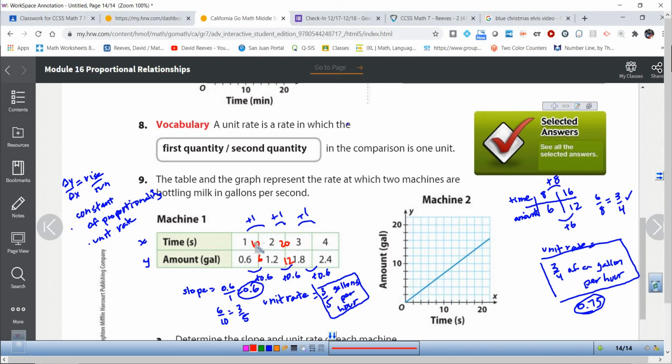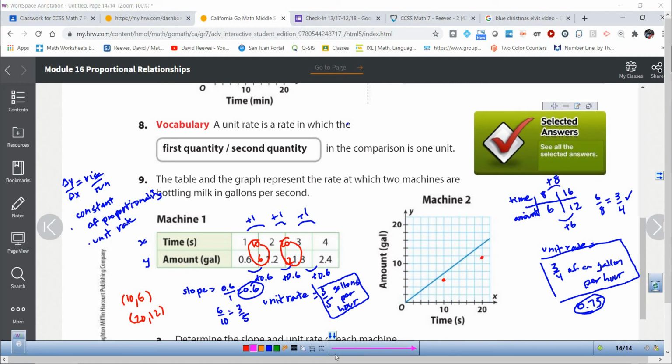So I'm going to use these red values as ordered pairs. My first one is going to be 10, 6, and my second one is going to be 20, 12. So I'm going to go 10, and up 2, 4, 6. It's right there. And 20, and up 2, 4, 6, 8, 10, 12.